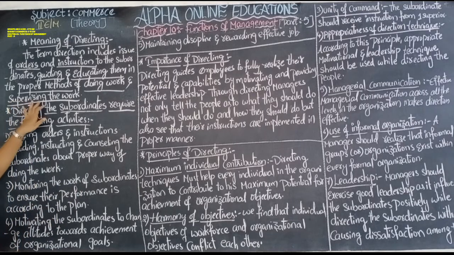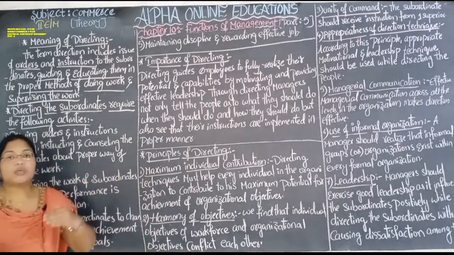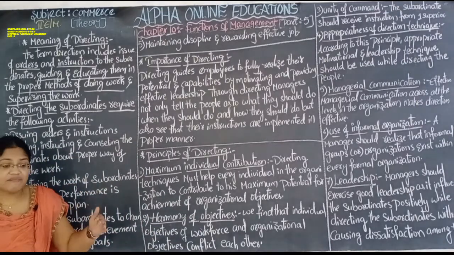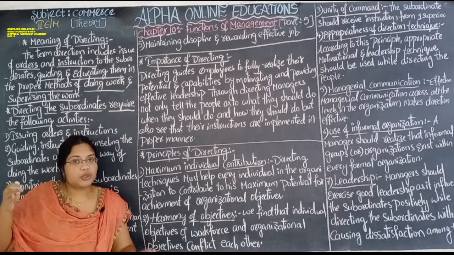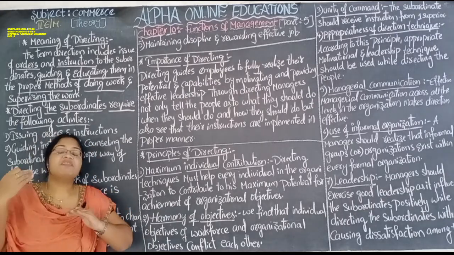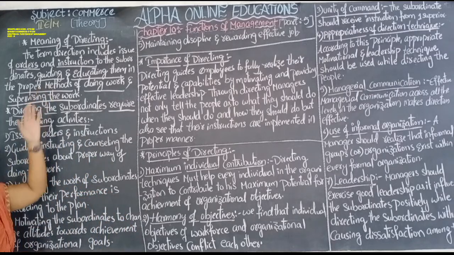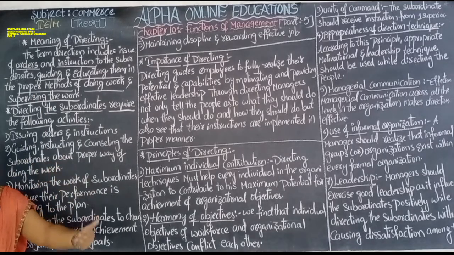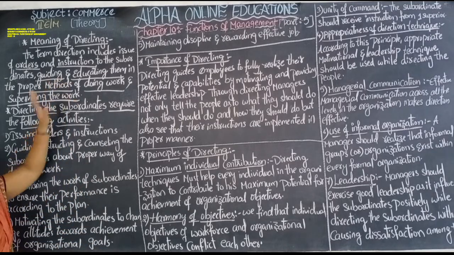They will supervise whether they are doing the work correctly or committing any kind of mistake. If there is any mistake, they will explain: in this way you should not do it, you have to do it in this way. In this way they will give explanation and provide guidelines on how to do the work quickly without losing energy. Okay, that is about directing.